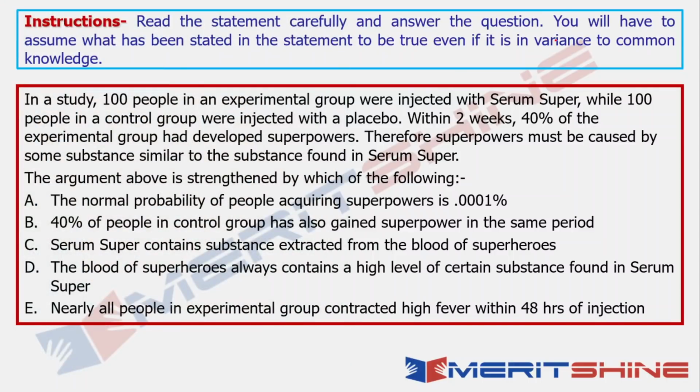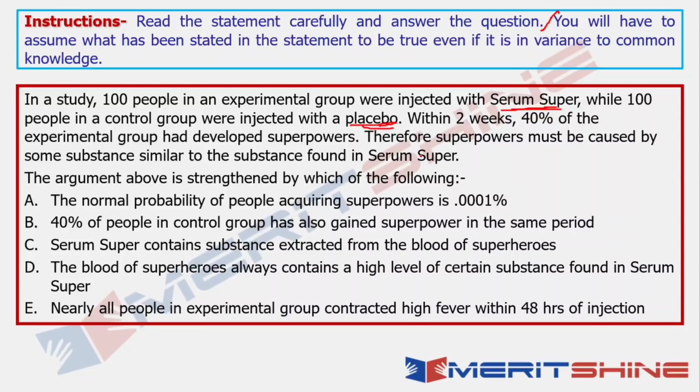In a study, 100 people in an experimental group were injected with serum super, while 100 people in a control group were injected with a placebo. Placebo means something which has no medicine in it. It's not going to have any effect on the control group. Within 2 weeks, 40% of the experimental group had developed superpowers.